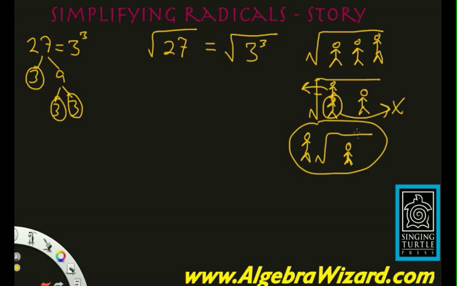Now, we use that same idea when we're reducing radicals, and this is what I mean. What we found out is that root 27 is the same as the square root of 3 cubed. That means that there are 3 3's under the radical: 3 times 3 times 3. These 3's want to have as many escapes as they can so that they can win the game.